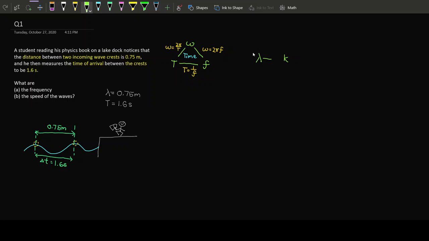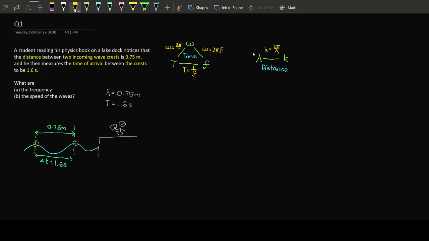These two are related to each other, and they both represent distance on the wave. They are related by k equals 2 pi over lambda.